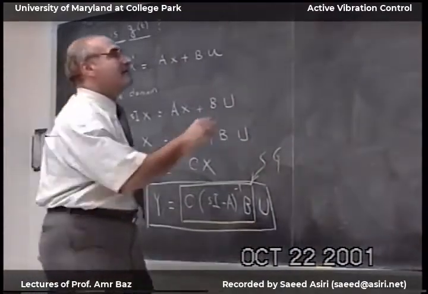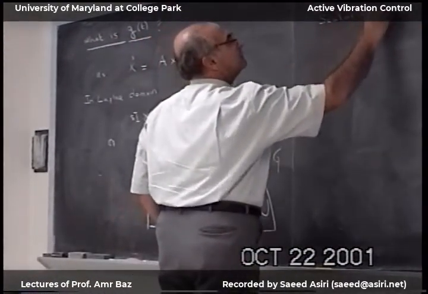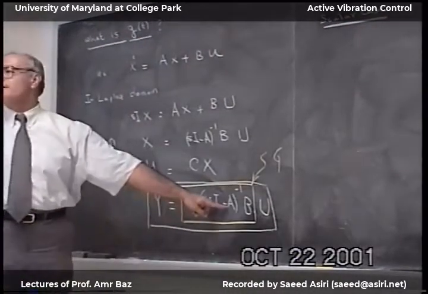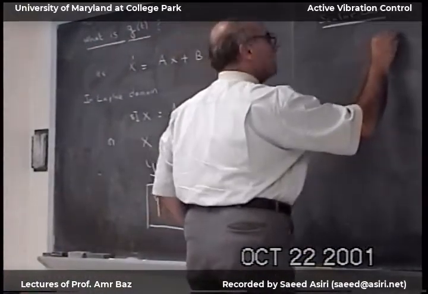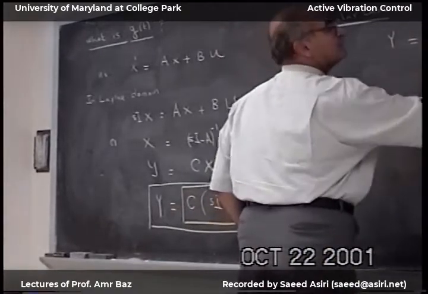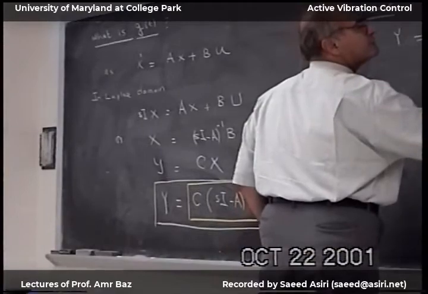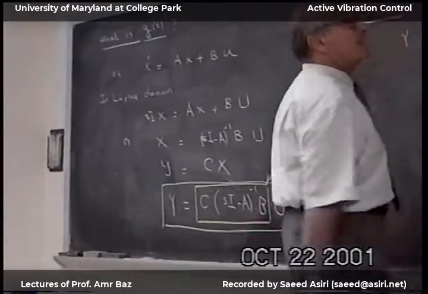Look at the scalar case. This A is a scalar value. So I'll have here y is equal to c, 1 over s minus small a, and b, and u.